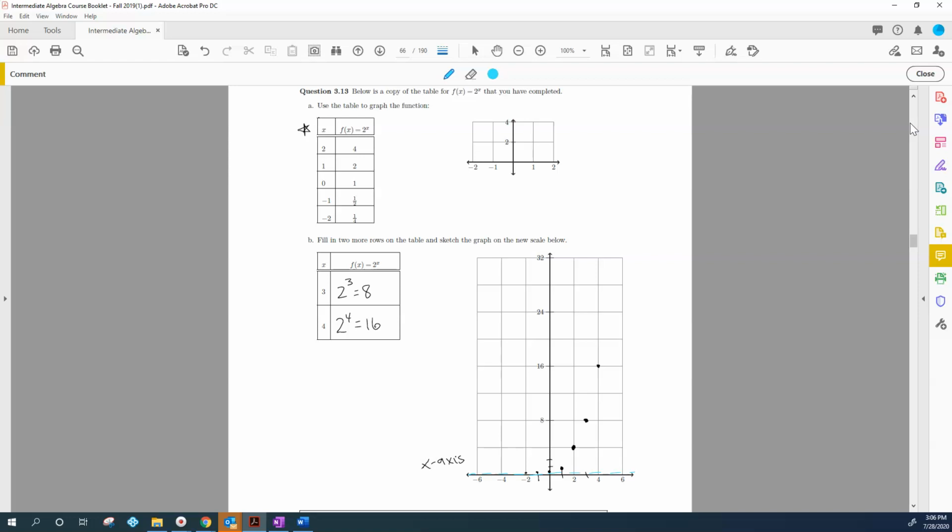The x-axis is also the line y equals 0. On your homework, sometimes it'll ask, what is the equation for the asymptote? You might not be able to type in x-axis, so you'd have to say y equals 0, but it's the same thing: y equals 0, or the x-axis.